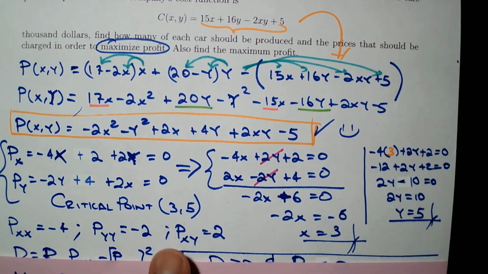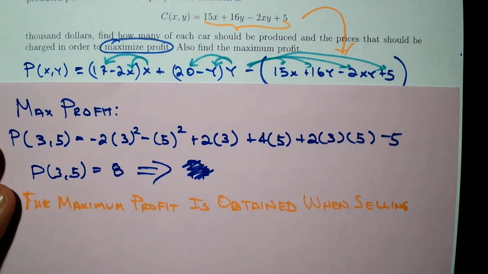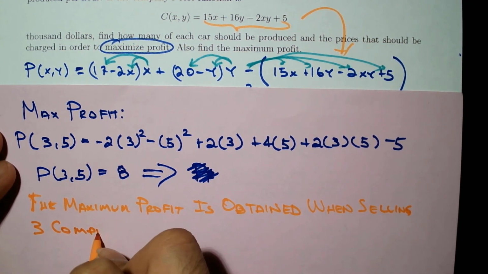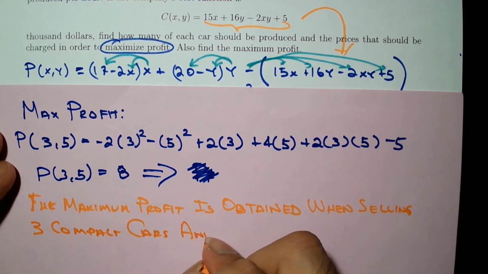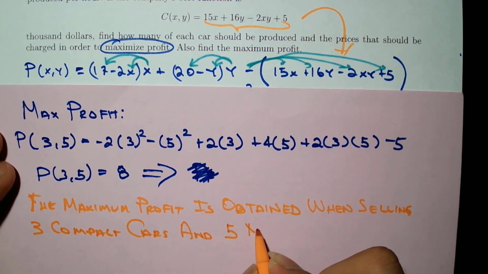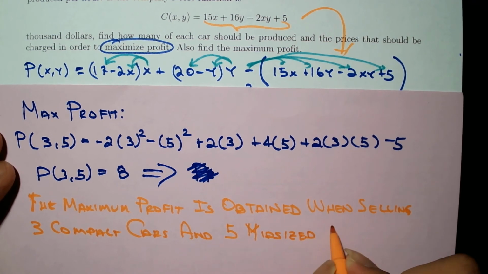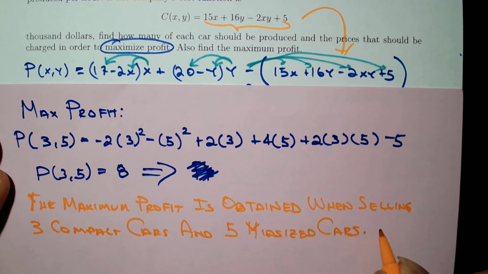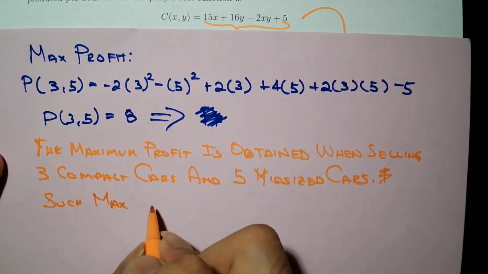The critical point, which is 3, 5: 3 cars, actually 3 compact cars, and 5 mid-sized. Such maximum profit.